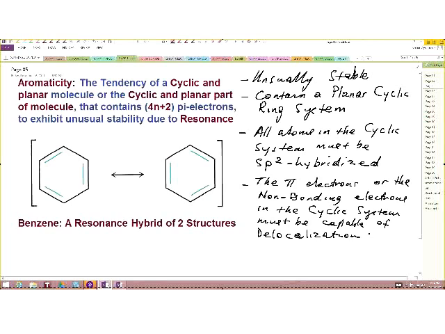In other words, if you have this pi electron here, they should be able to move all the way around this ring system. Okay?